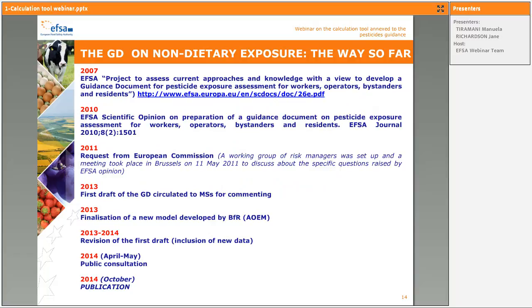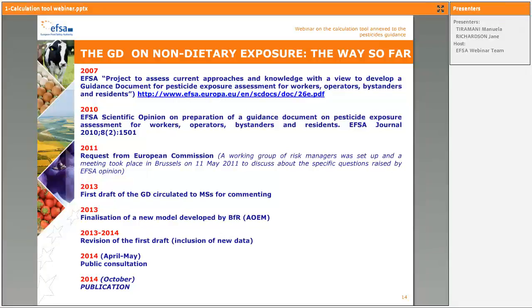The guidance started its way to the final publication some years ago. Eight years ago, EFSA outsourced a project for the listing and evaluation of all approaches and knowledge at that time with regard to the non-dietary exposure to pesticides.